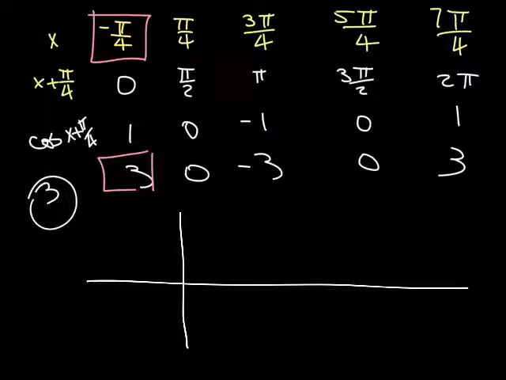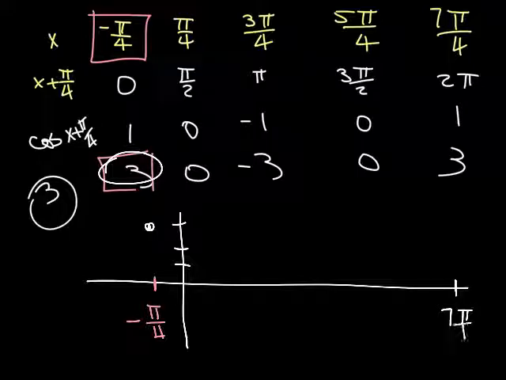Alright, so my beginning point is negative pi over 4. It's not 0, what am I doing? It's at 3. So it starts at 3. Then I go to my end, which in this case is 7 pi over 4, and my y value there is also 3.